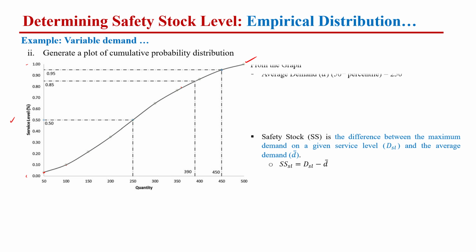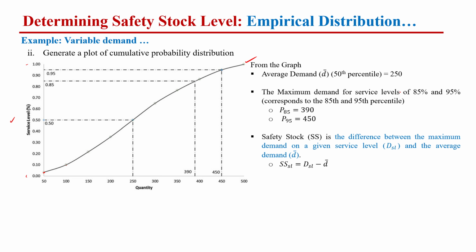The question was to find out the safety stock against the service level of 85% first. So we will find the percentile against 85. The percentile indicates the value against which at least 85% of the customers' demand will be fulfilled. Against the cumulative probability of 85%, which is the service level, if we draw this dotted line and go down, it indicates approximately 390.